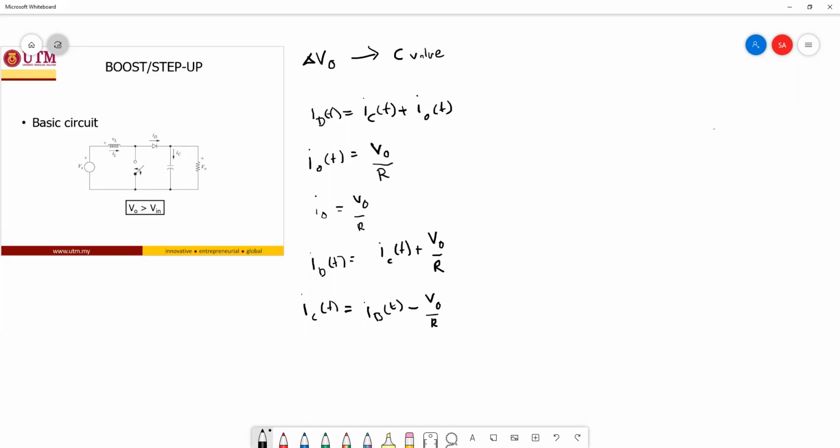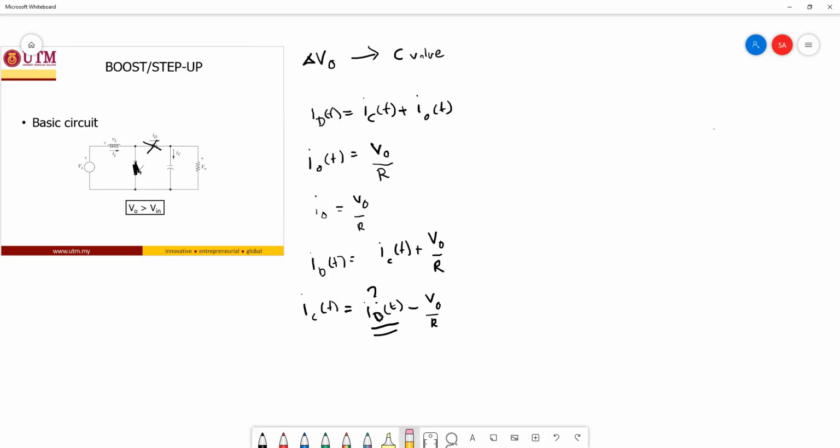Right now we don't know I diode. What does the I diode waveform look like? Based on the circuit, the I diode is equal to the inductor current, but not for all conditions. If you recall, when the switch is on, the diode is off, meaning no current flows into the diode during switch on.